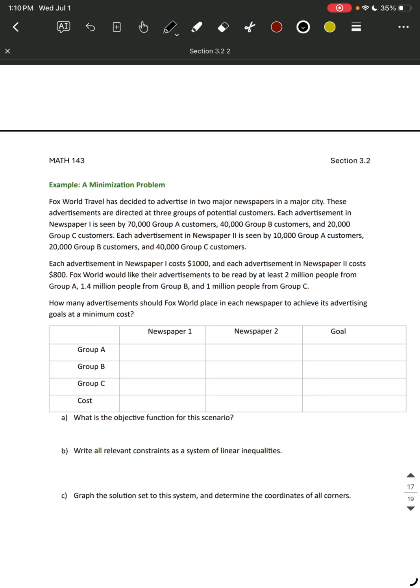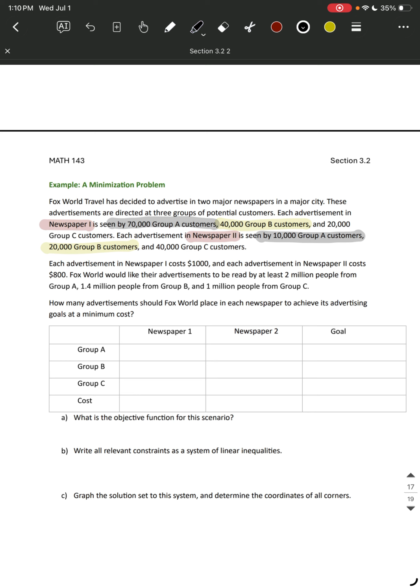Step 1. What are the important things and define the variables? First identify the important things here. You can see that there are 2 newspapers, newspaper 1 and newspaper 2. Also, you can see group A, group B and group C customers for each newspaper.